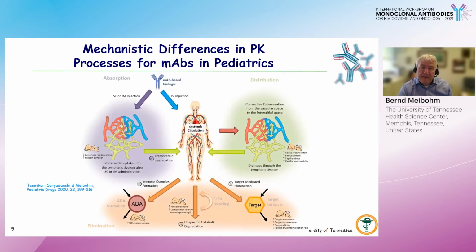So when we look at the mechanistic differences in processes for monoclonal antibodies that affect pharmacokinetics between adults and pediatric patients, then there is some knowledge available. It's still emerging, but in some areas, we already have some understanding of what might be different. If we start in the upper left corner with an antibody that's given by the subcutaneous route, then these antibodies in the subcutaneous space are preferentially taken up into the lymphatic system rather than the vascular space after subcutaneous or intramuscular administration.